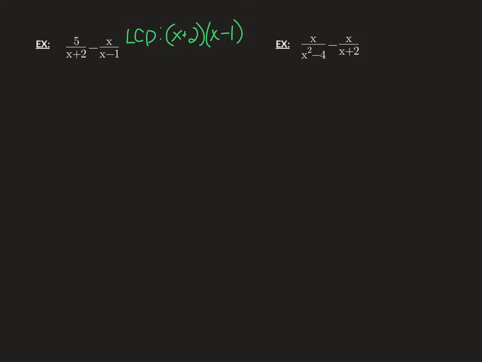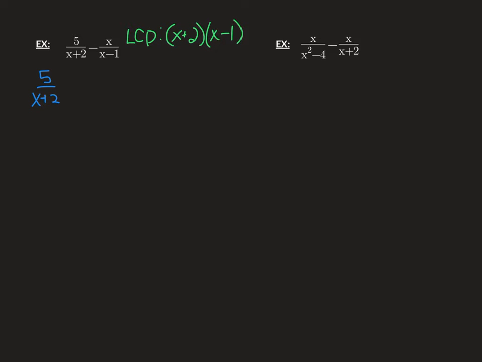So if my least common denominator is those two multiplied together, then the question you want to ask yourself is, okay, what is this first fraction missing? Meaning, what do I need to multiply both the top and the bottom by so that it has a common denominator like we're looking for?